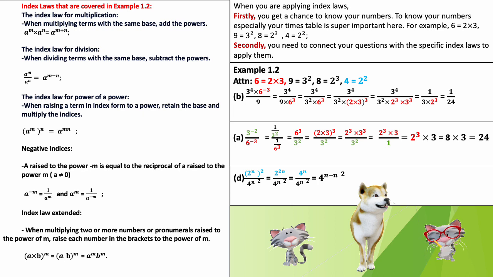The index law for power of a power: when raising a term in index form to a power, retain the base and multiply the indices. Bracket a to the power of m bracket to the power of n equals a to the power of m multiplying n.